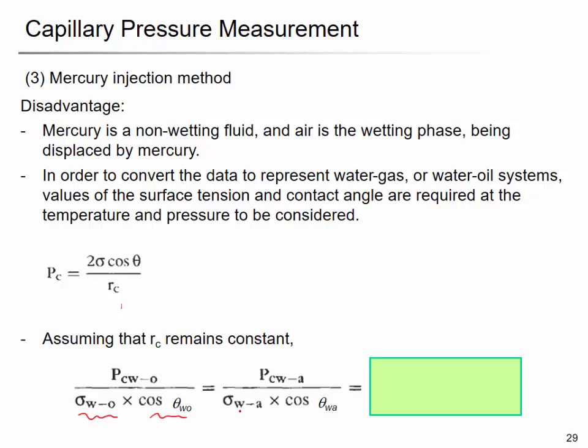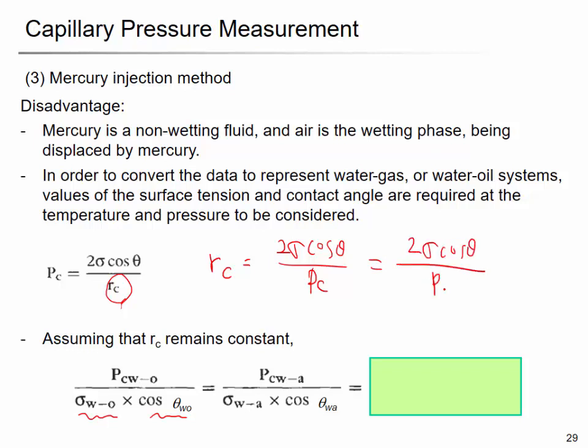That's the main disadvantage. But if you know these two values, it's very easy to calibrate because the radius of the capillary will be the same. So the capillary radius will be 2 sigma cosine theta over PC. And this radius will be the same for any liquid, right? So 2 sigma cosine theta over PC.